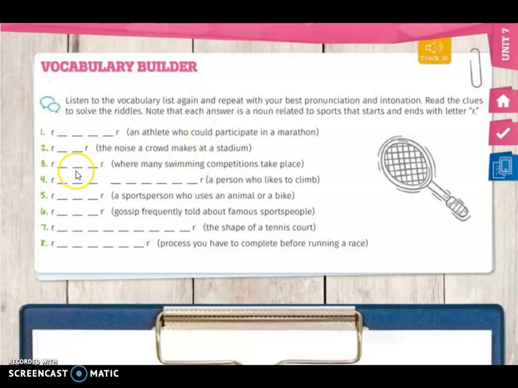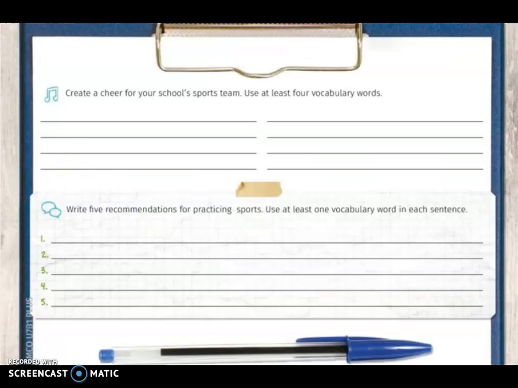So now you have to do the same with the rest of the clues. In this case, you have to create a cheer for your school sports teams. You must use at least 4 vocabulary words. For example, go team, go team. Make points and get a good score. That is an example. You can create a better one.